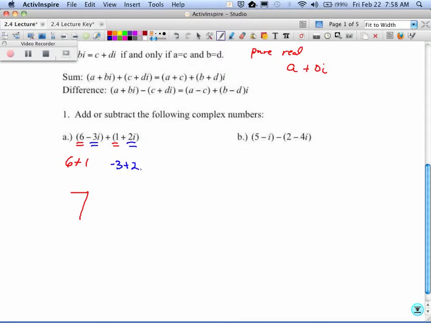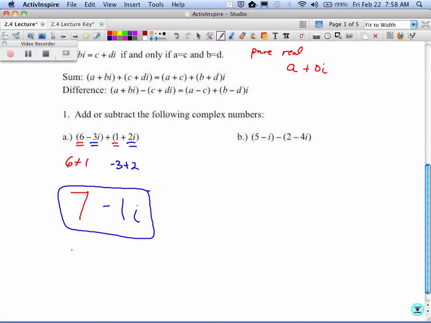But the blue stuff has what with it? i. So hopefully it makes sense. When you go to add complex numbers together, you put the real stuff together, you put the imaginary stuff together, and you're done. That's all it is. The i denotes where the imaginary part is, but it, in a way, acts like a variable. So if you guys are able to use all your like term stuff or exponent stuff, you'll be fine.